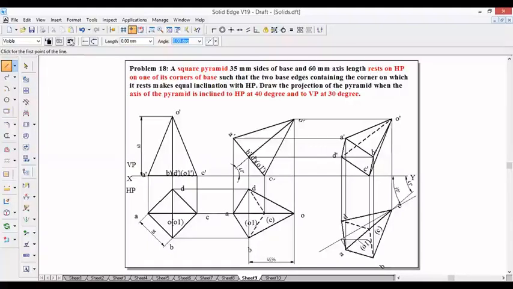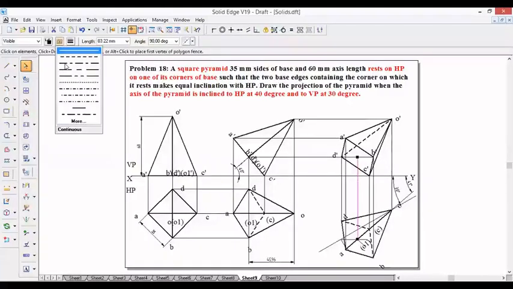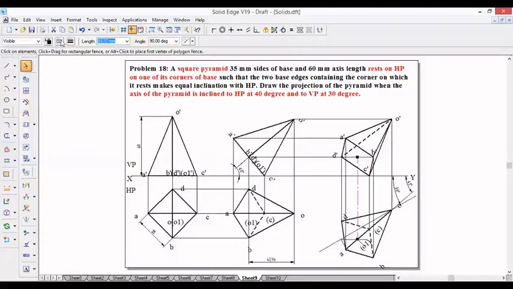Then take the projection line. So this should be a continuous line. Now the axis, this is a visible line.